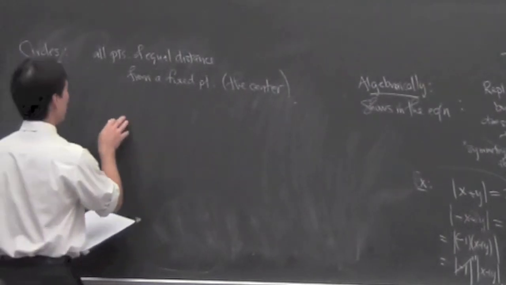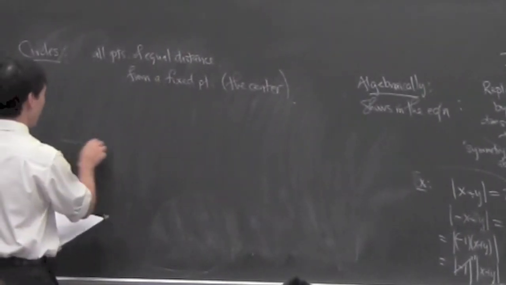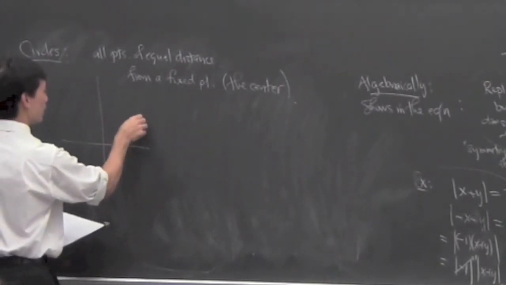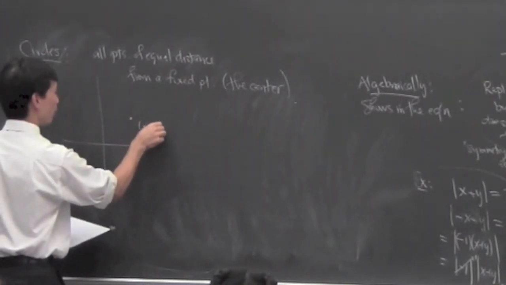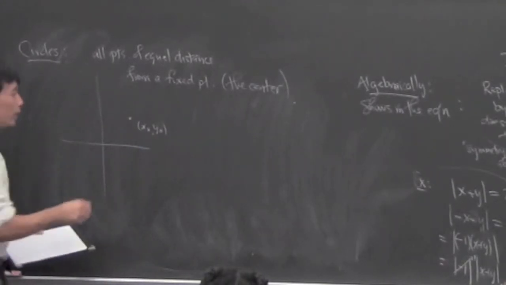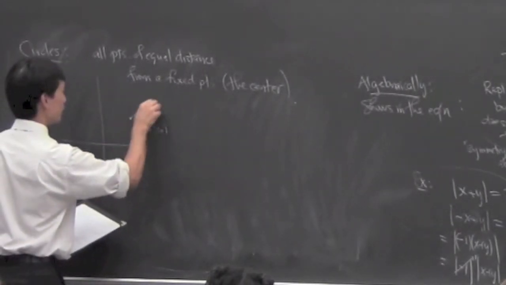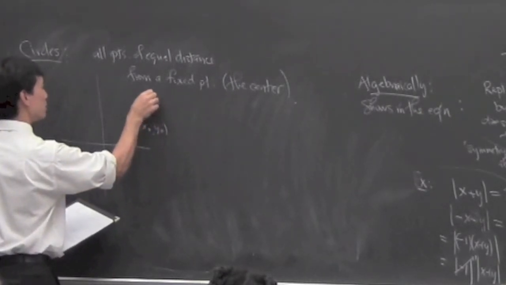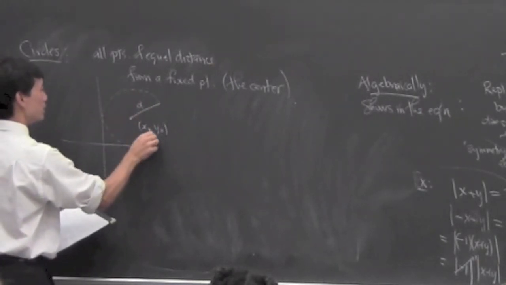In math talk, you would say there's some fixed point x naught, y naught, the center, and then there is some fixed distance, d, say. And we're going to look at all points that are of distance d.